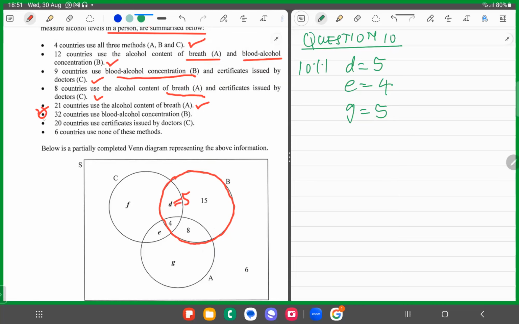Next, 20 countries use certificates issued by doctors, so that is going to give us F. And those are 20, so here we need 20. We got E to be equal to 4, because this was 8.